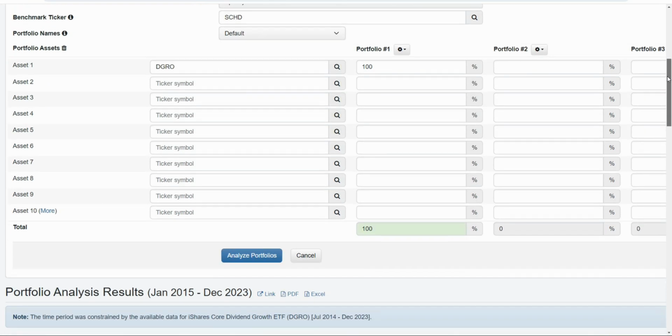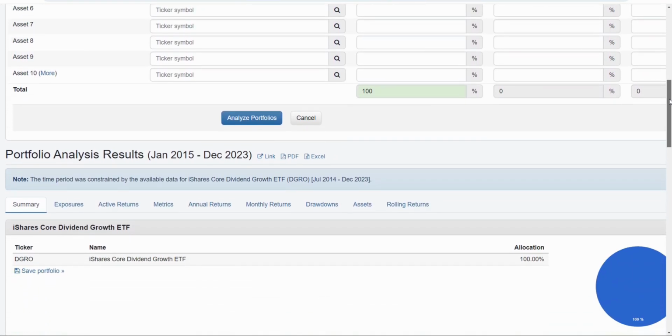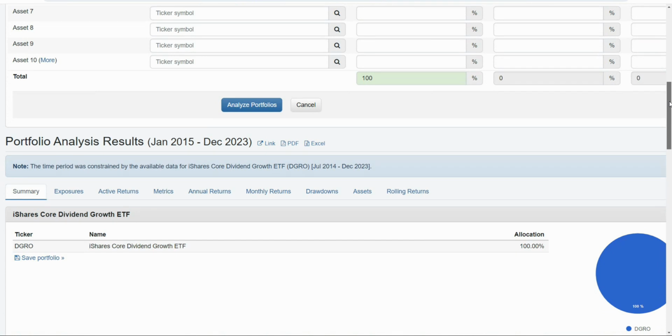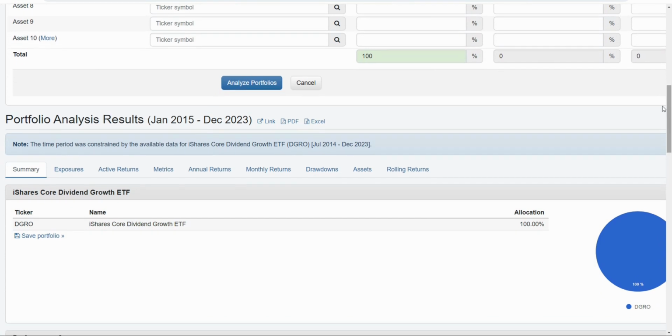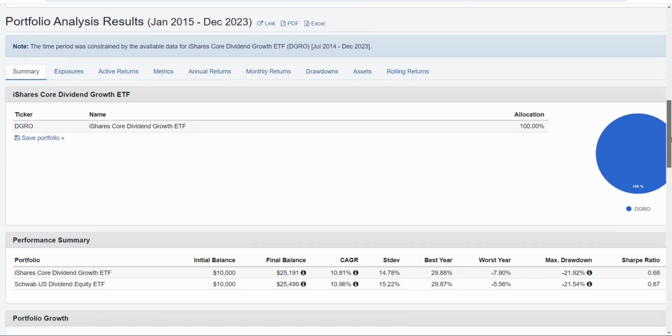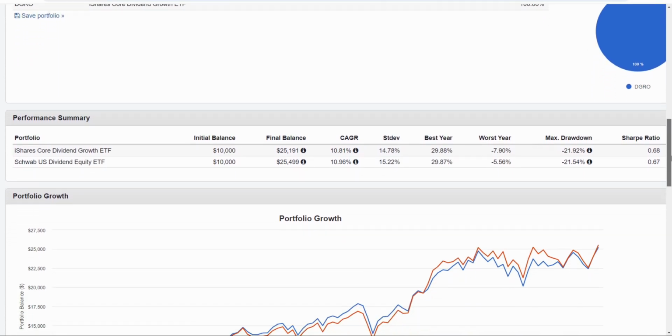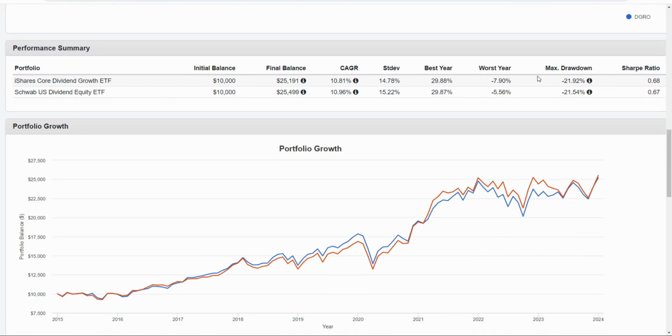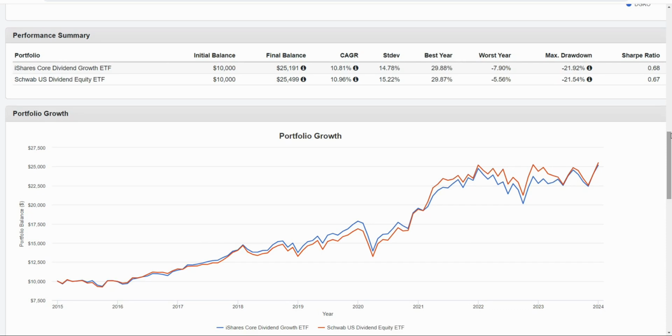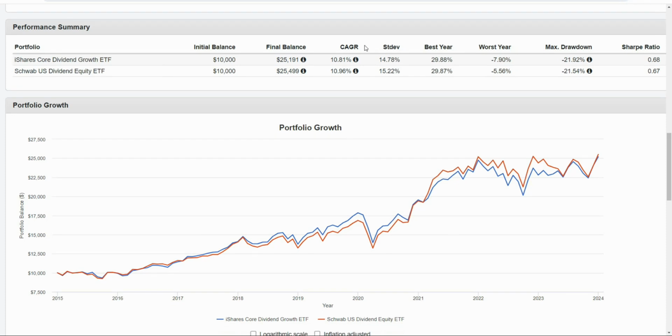So this is going to go from January 2015 to December of 2023, limited because of the limited time that DGRO existed, of course. And we're going to quickly see that these ETFs performed mostly in line with each other. Now, SCHD did come out on top by about $400, and it did have a slightly better compound annual growth rate.